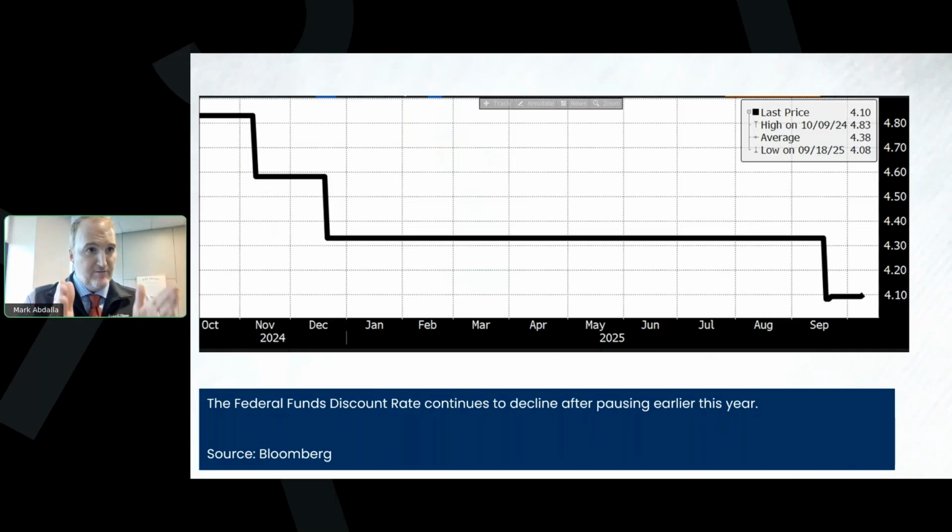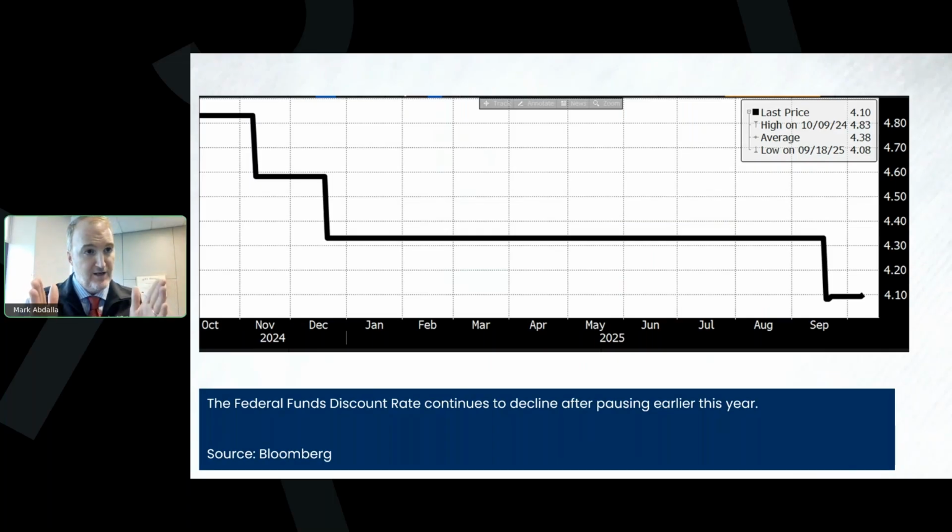They'll look at the data on inflation and unemployment and then adjust their own federal funds discount rate. And this is what this slide covers. The federal funds discount rate has dropped to 4.1%. The Federal Reserve will meet towards the end of this month to decide whether it should be dropped again.